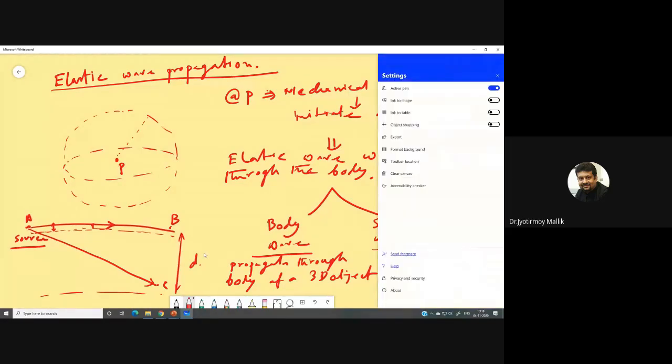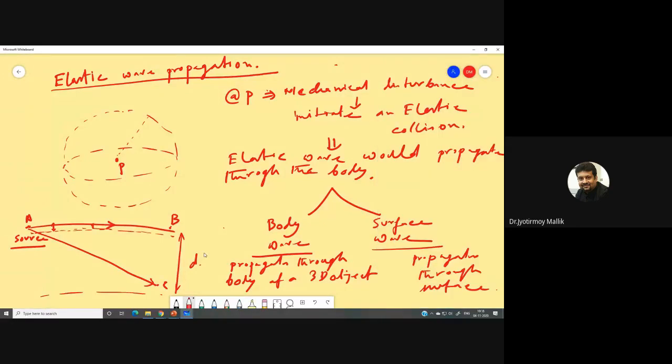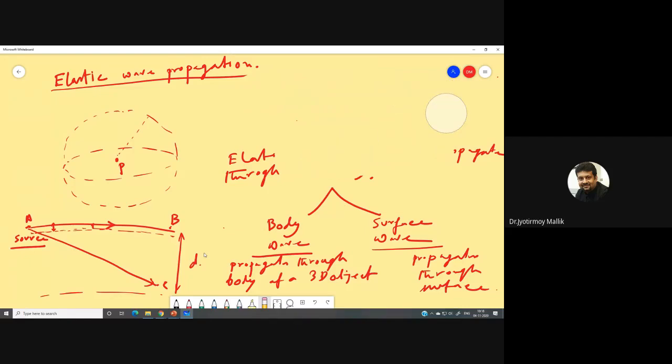There is another important concept that I want to talk about, and that is the difference between ray path and wavefront.